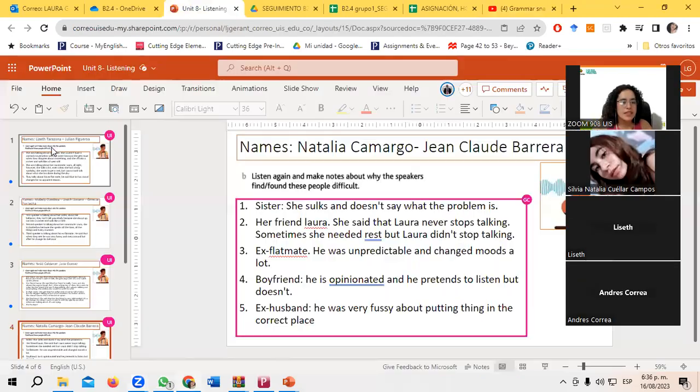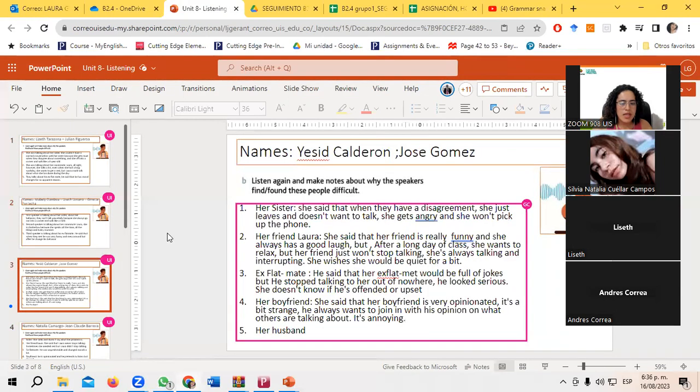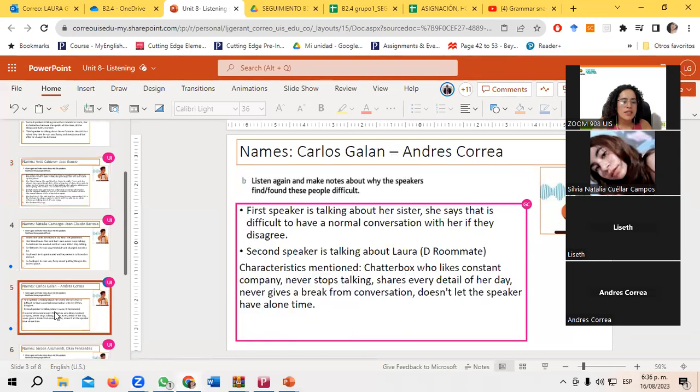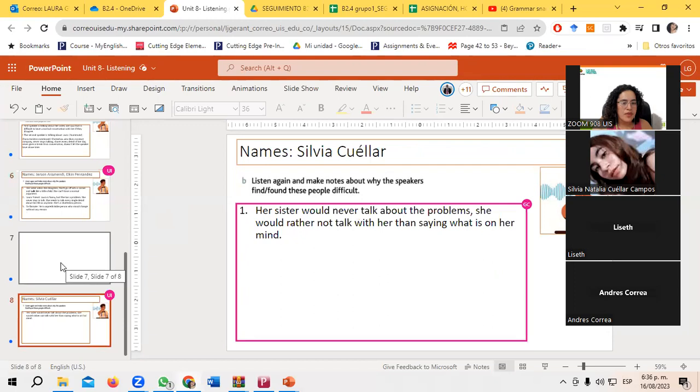Okay, let's see, guys. So first group completed 3, second also 3. The group number 3, you did 4. You're finishing. All right. For the next group, number 5, you did 2. Okay, and Gerson and Elkin did 3.